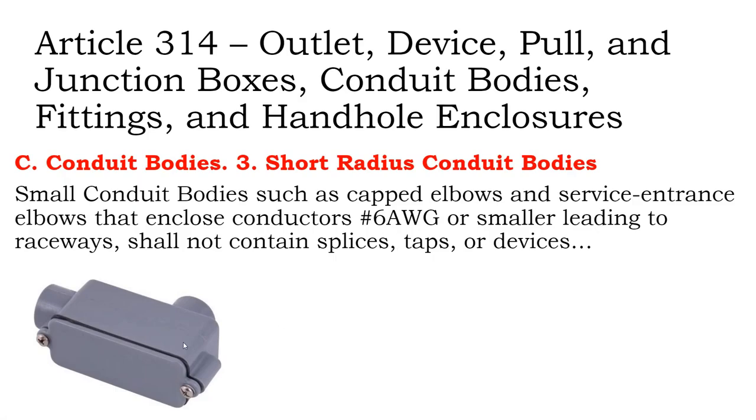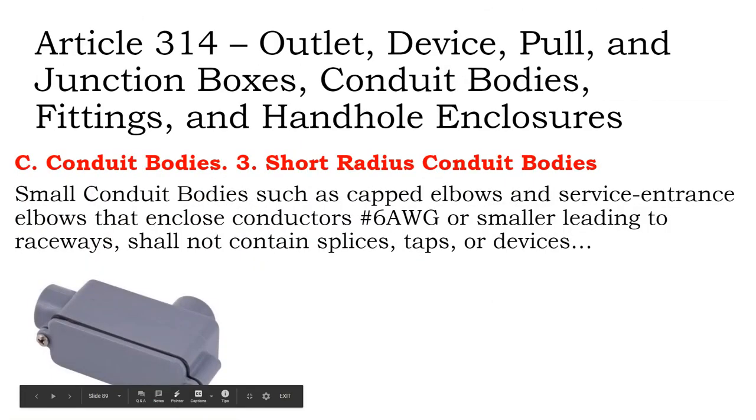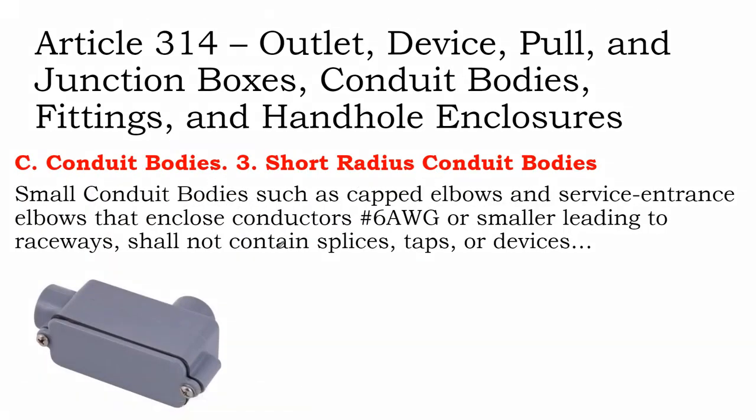But what this rule is saying is, if you have an LB, a small conduit body just for pulling cables through and giving you an access point for your cable pull, that's too small. LBs that enclose conductors number 6 or smaller shall not contain splices, taps, or devices.